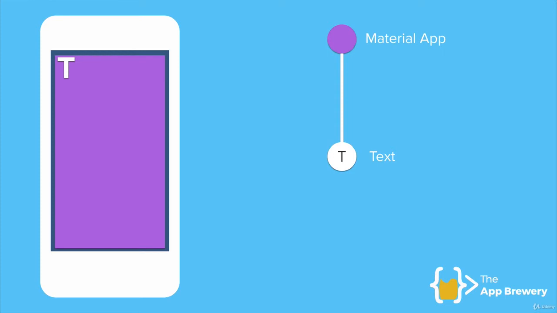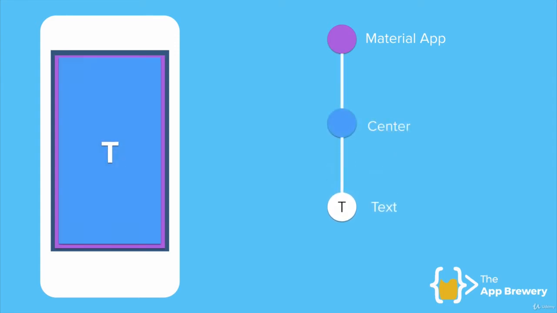Well, as I said, Flutter apps are pretty much entirely built using widgets. And there's, of course, a widget for centering elements. So if instead of having text as the child of the material app, it was inside a center widget, then it will automatically be put into the center of the screen.